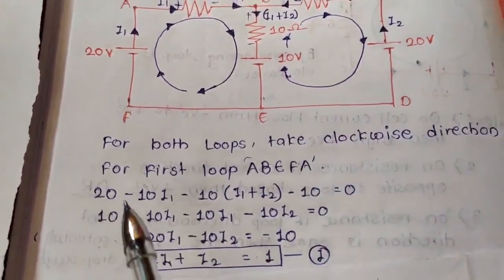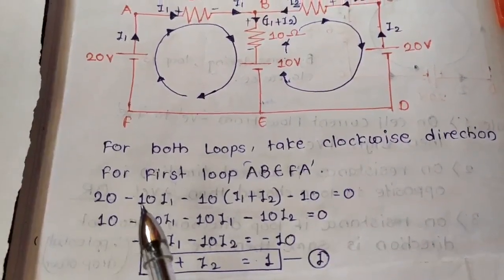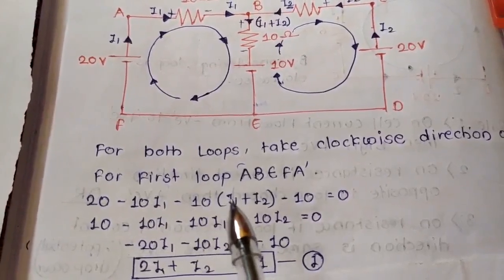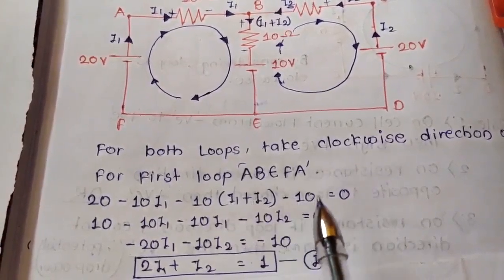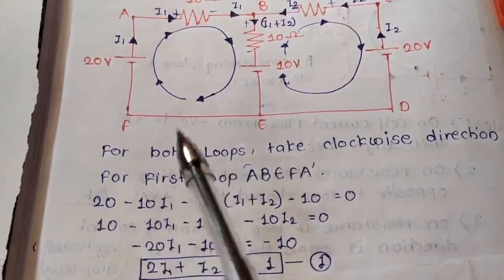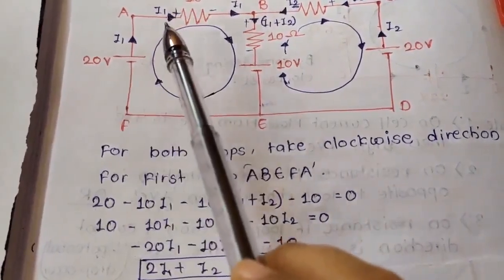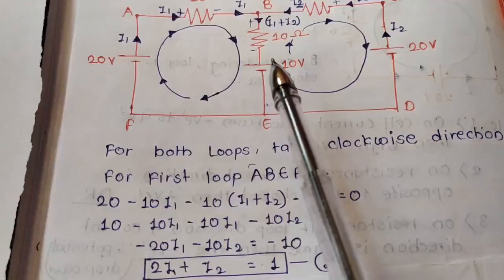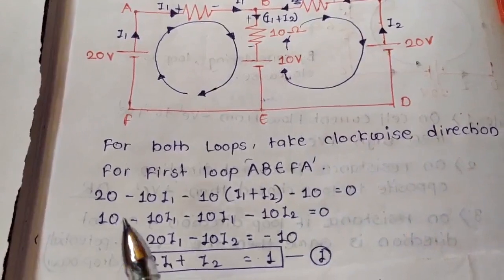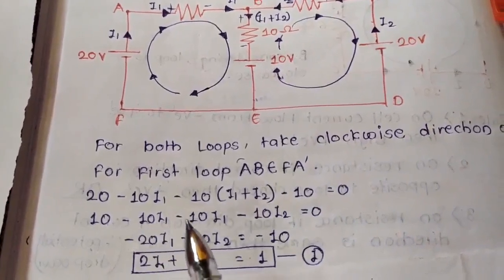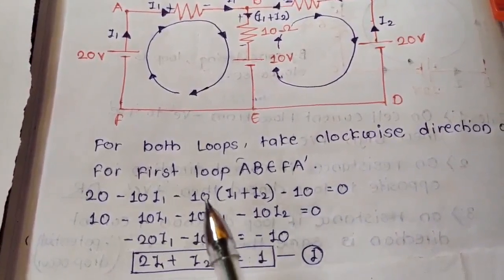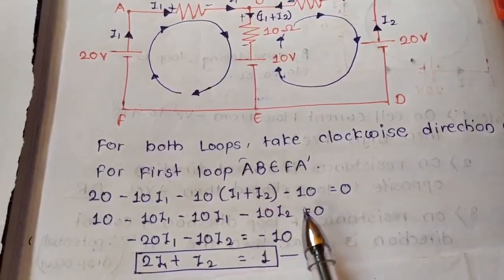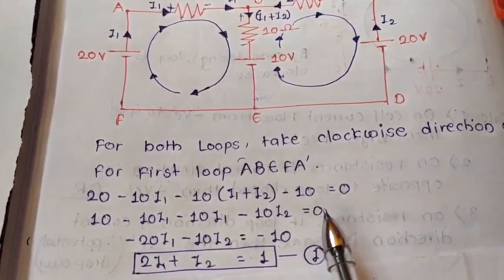See, 20 minus 10 into I1 minus 10 into (I1 plus I2) minus 10. 20 minus 10 minus 10 I1 minus 10 I1 and minus 10 into I2 is equal to 0.